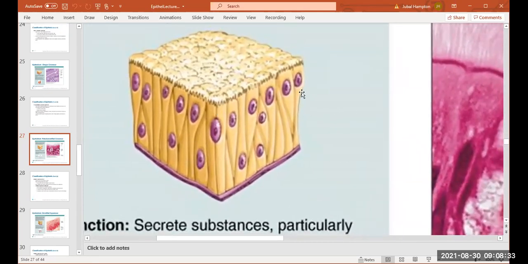Note that each cell is going to make contact with this basement membrane. Here's our basement membrane along where my cursor is moving. Each cell does indeed, and they've done many studies, electron microscopy especially, to show that each cell is going to actually touch the basement membrane.